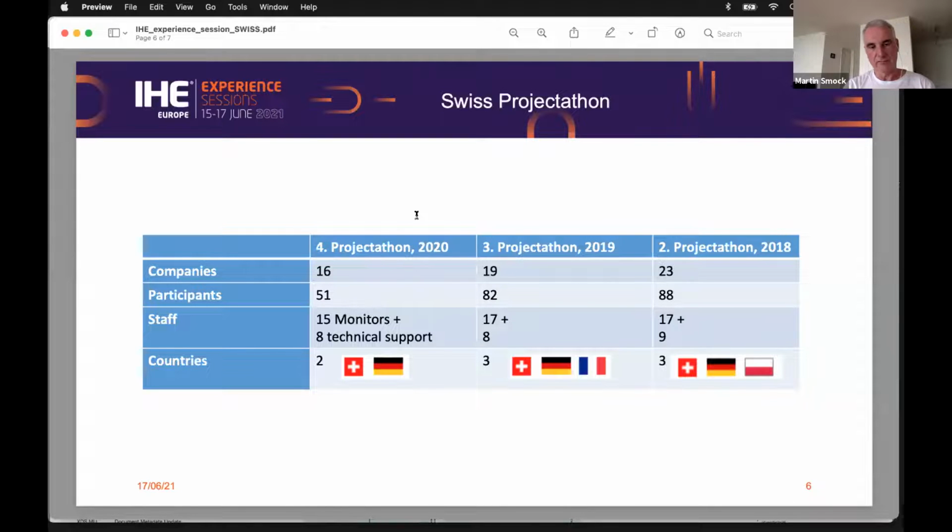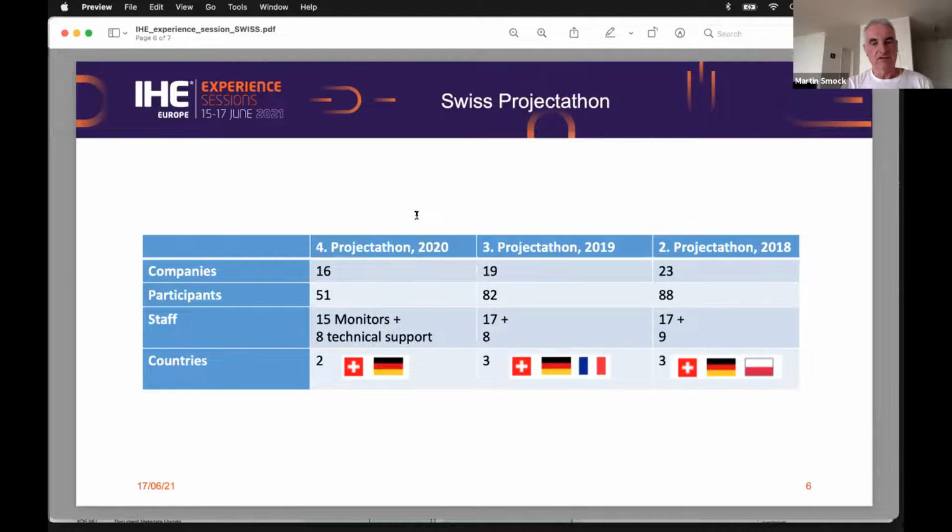The effort of verifying a group test is much bigger than for the no peer test. So we have typically a large team of monitors and then six to eight people from the technical support from IHE services and Kereval to keep our system up and running for the Projectathon.